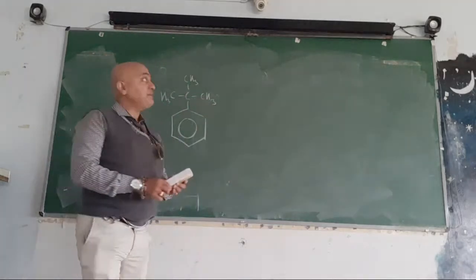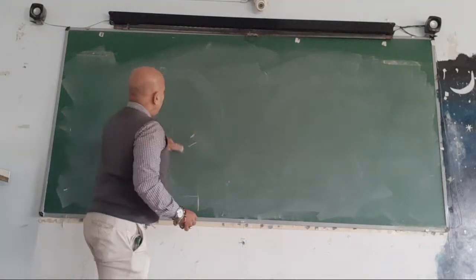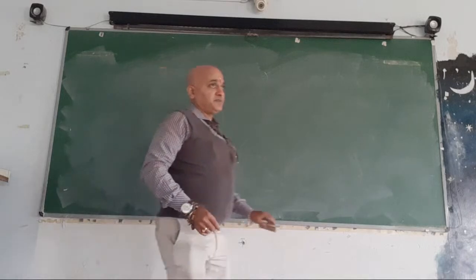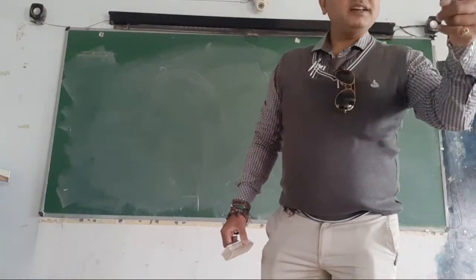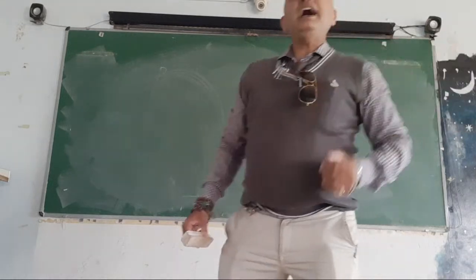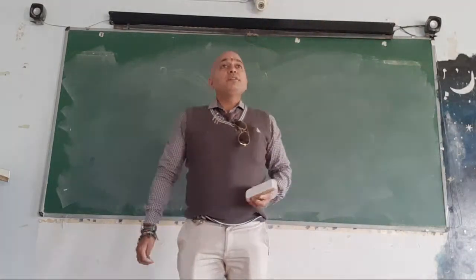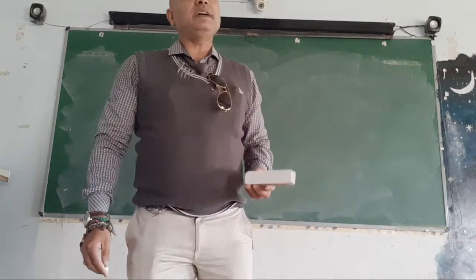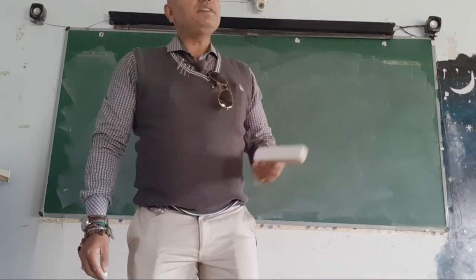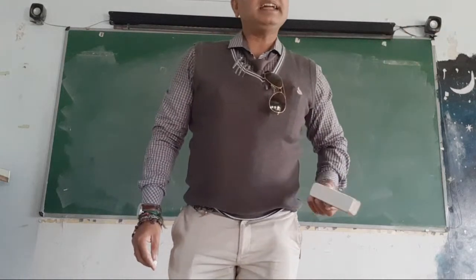So at the same time, if I have ethyl benzene, you got that? If I have ethyl benzene, how to convert? What will be the product? If I take ethyl benzene and if I go with the same condition, alkaline KMnO4.